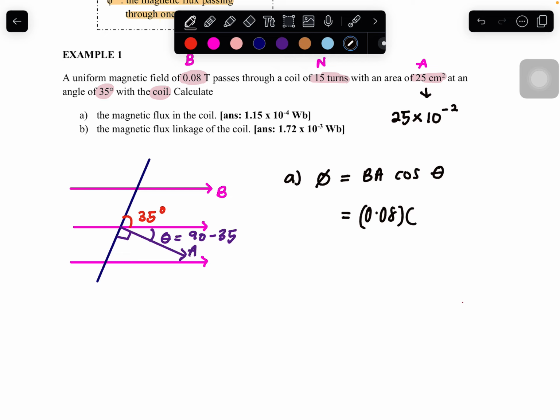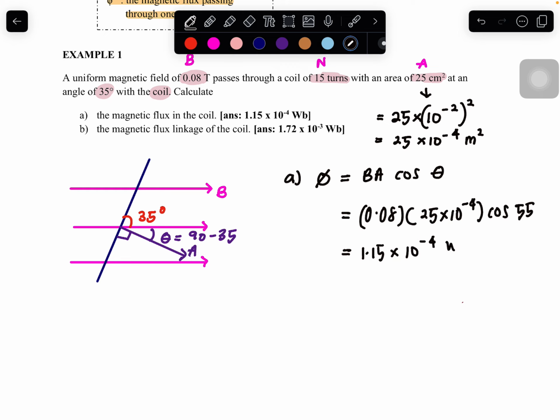So centimeter is exponent -2 and then dah bagi dengan kuasa 2. So it will be 25 exponent -4 meter square. And then angle 90 minus 35 will be 55. So you will get the magnetic flux is 1.15 exponent -4 Weber.